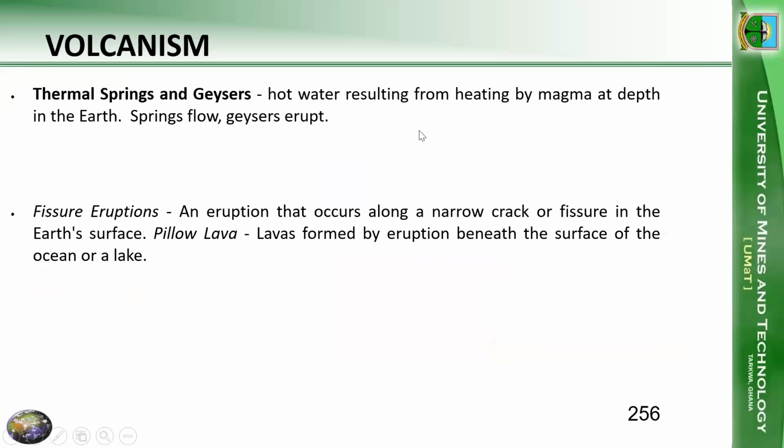We could also talk about thermal springs and geysers, which are hot water resulting from heating by magma at depth, and fissure eruptions, which are eruptions along narrow cracks or fissures. You remember we talked about the types of intrusion of magma, and we mentioned stoping, melting, and injection by fissure eruptions.